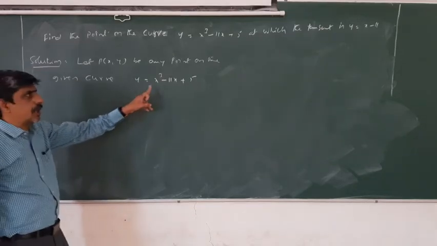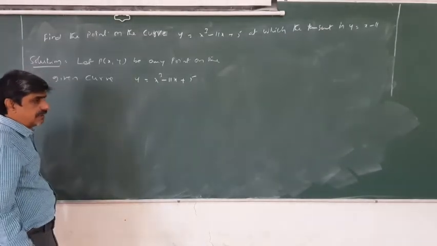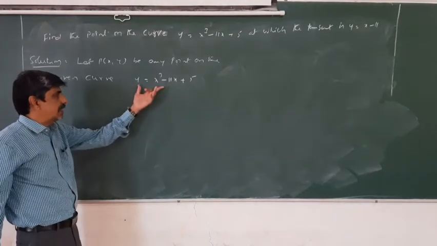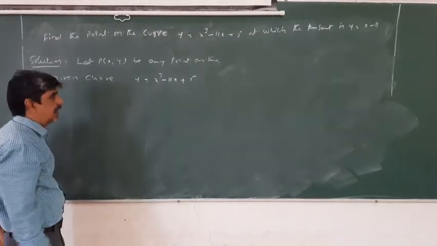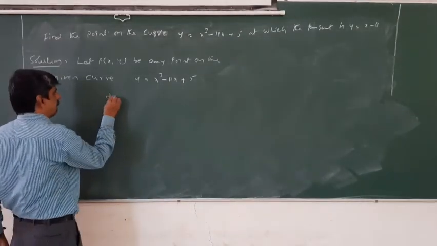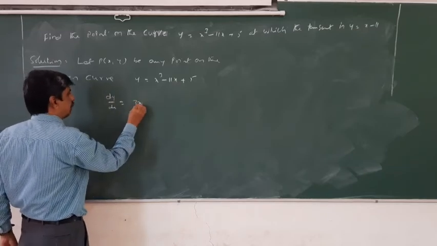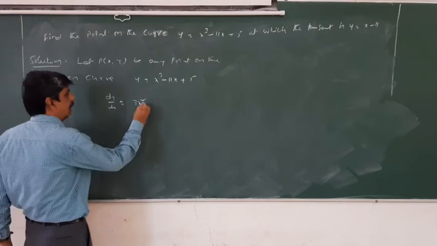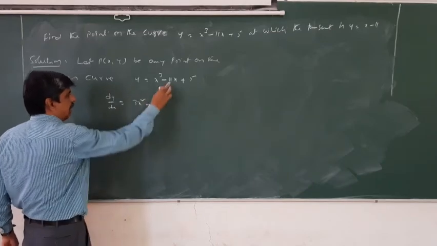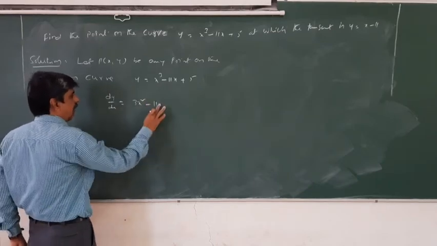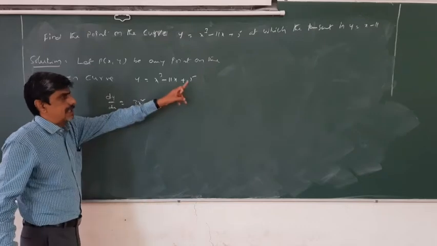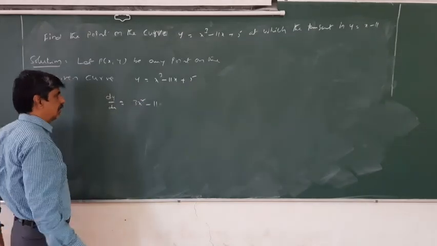Then dy by dx is called the slope of the tangent. So differentiate with respect to x on both sides. d by dx of y is dy by dx, is equal to d by dx of x cube, which is 3x square, minus 11 into d by dx of x, which is 1, so 11 into 1 is 11, minus d by dx of constant, which is 0.